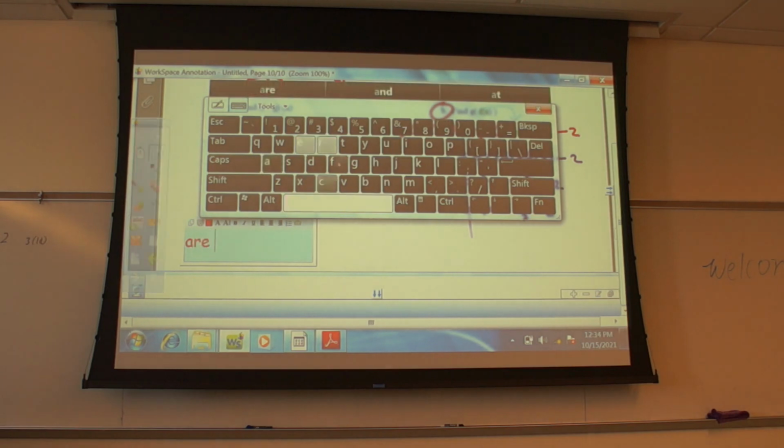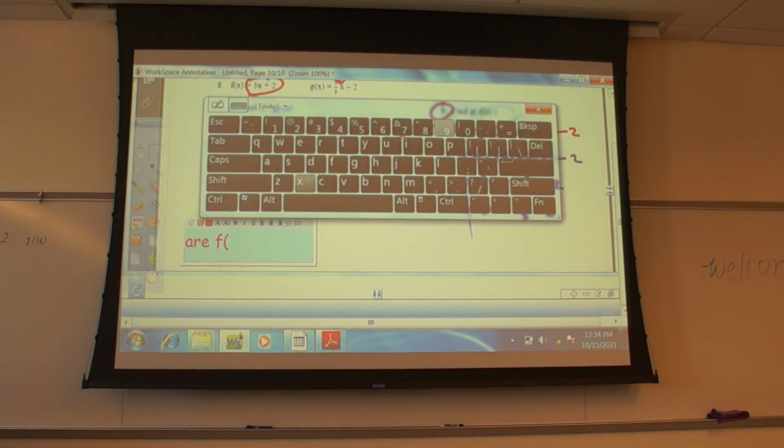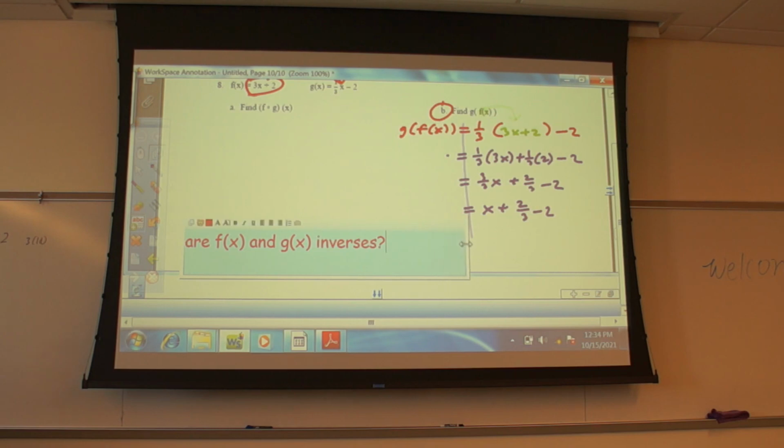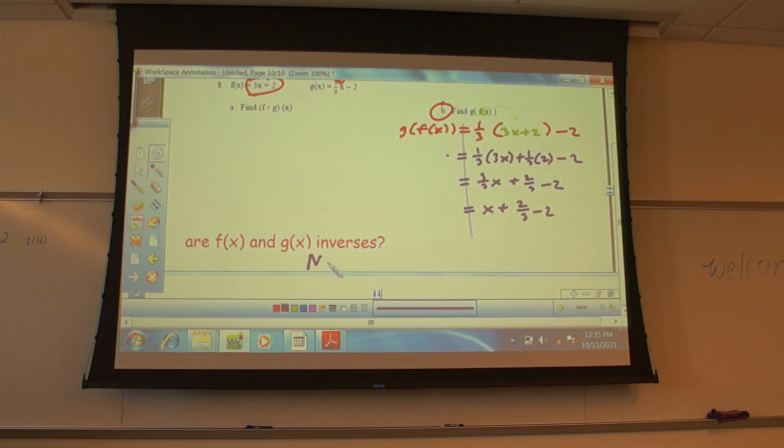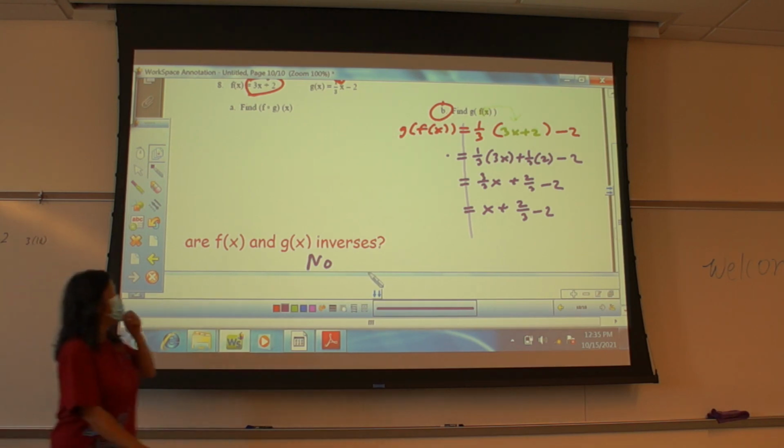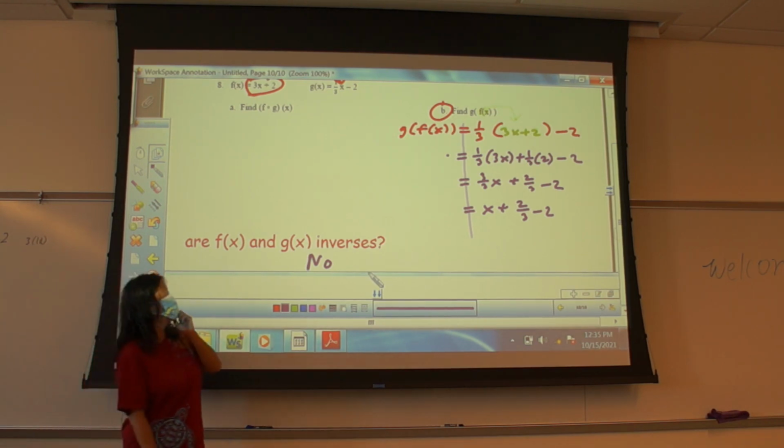Are f of x and g of x inverses? And what do folks think? What do you folks think? I'm getting better. No, they are not. Oh, you're saying no, I'm not getting better. Well, which one are you? I thought you were saying no.